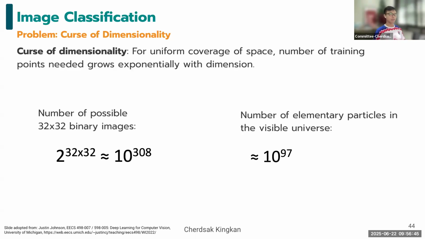If you compare this with the number of particles in this universe, that number is much higher than all the particles in this universe. So what we can say here is that sometimes it's impossible to do so. All right.